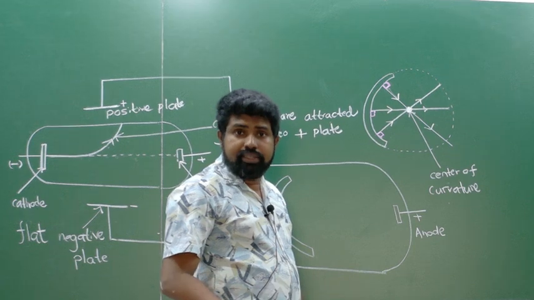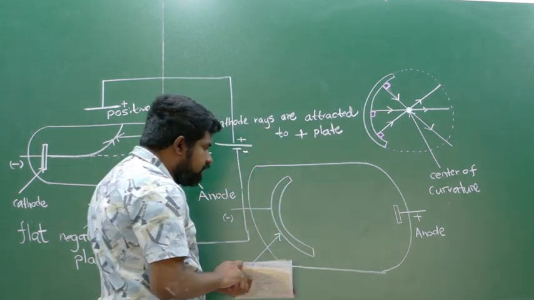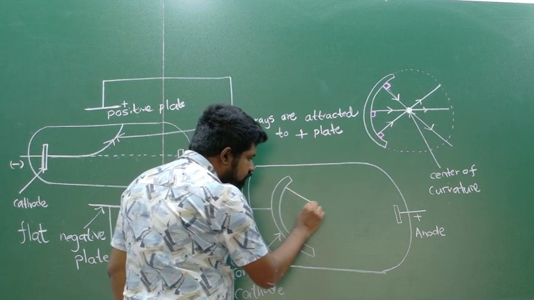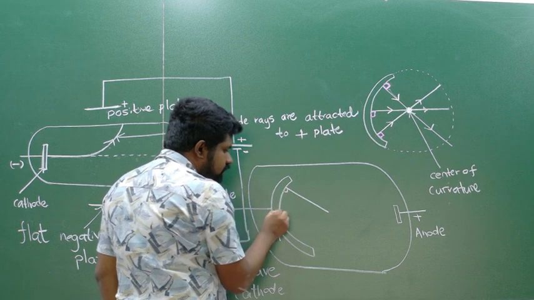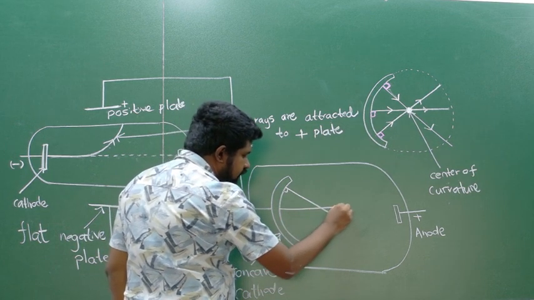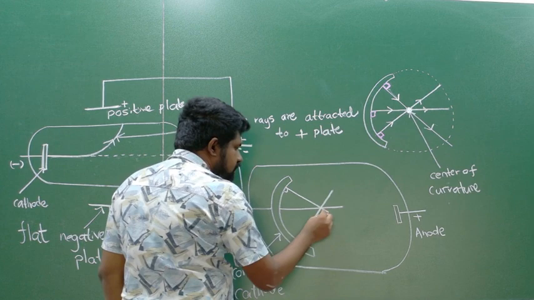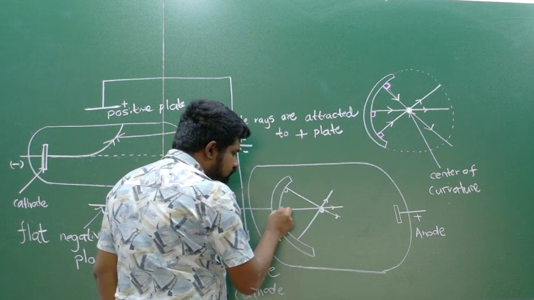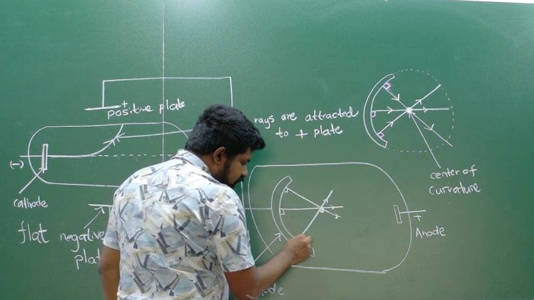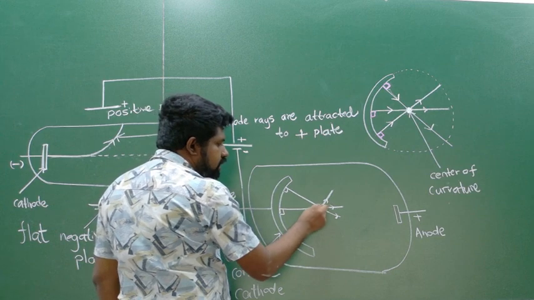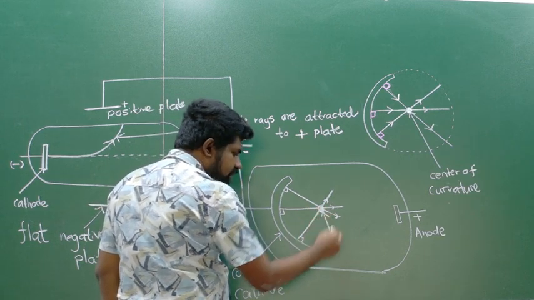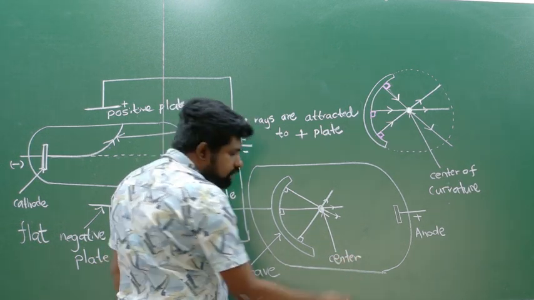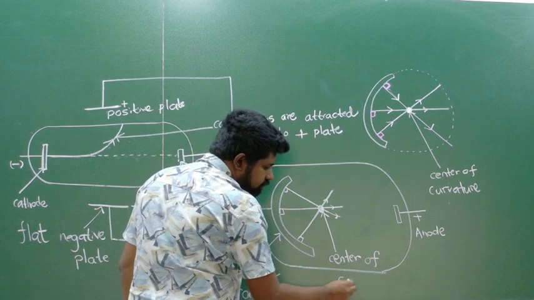So Thomson did the same thing, and he observed that the cathode rays originated from the cathode surface are converged at the center of curvature. For this to occur, the rays should be originated perpendicular. That's why they converge at the center of curvature.